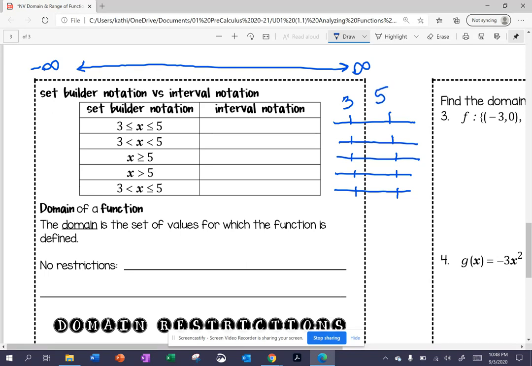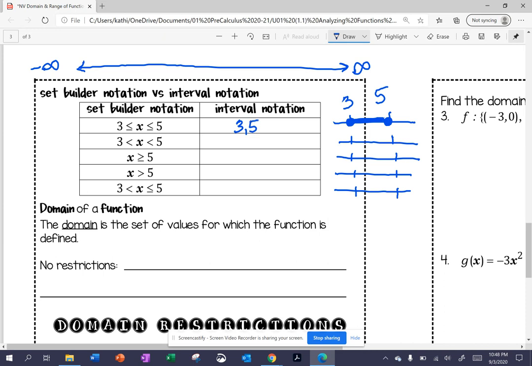So to start out with set builder notation, I'm going to say X is greater than or equal to 3, and less than or equal to 5. So if it's greater than or equal to 3, I have a solid circle, and less than or equal to 5. So I am in between here. So I want to write this as an interval. So I'm starting at 3.